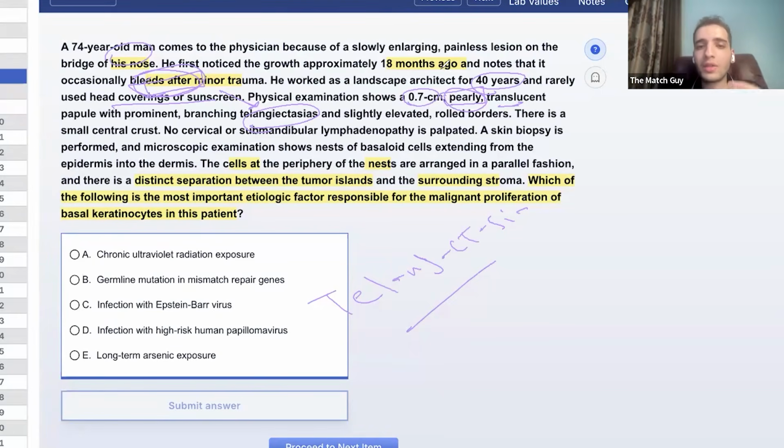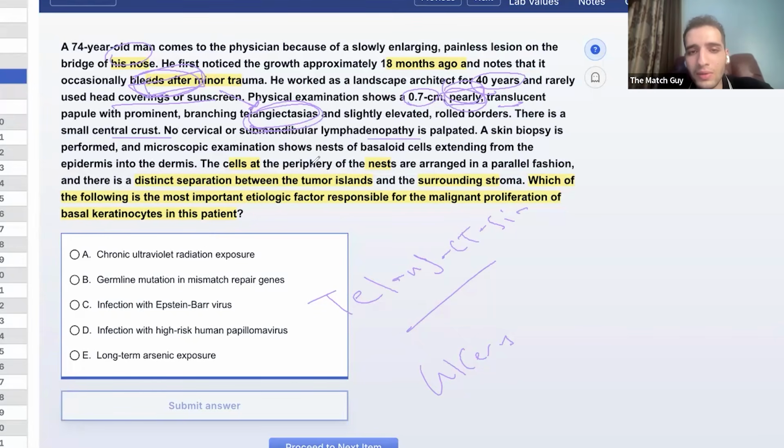Okay, so right now I know from the description, pearly and telangiectasia, it would be basal cell carcinoma, because mostly for squamous cell carcinoma, they will say ulceration. And mostly for melanoma, they will say pigmentation, because melanoma means the melanocytes. So I know it's basal cell carcinoma. Then there is a small central crust. There is no lymphadenopathy, so it's not invasive.